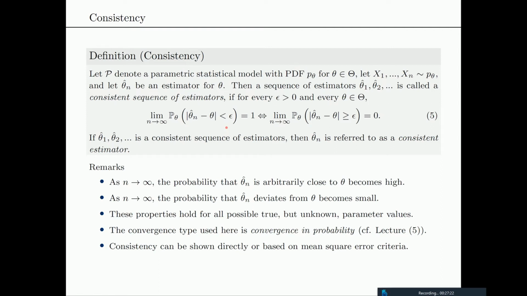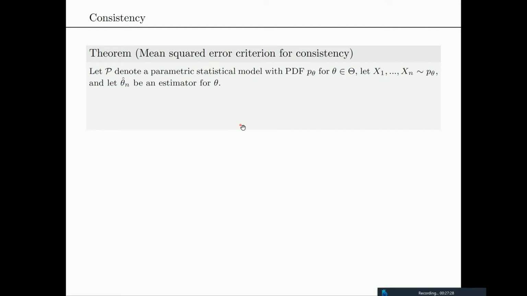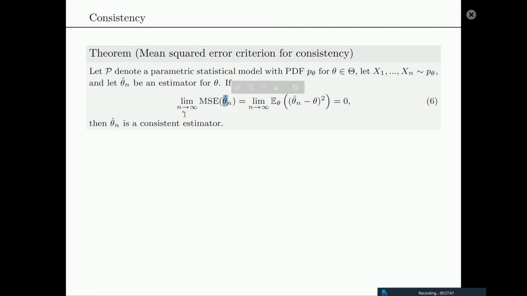Another way you can show consistency is using the mean squared error criterion, as we defined it last time. This criterion works as follows. If the mean squared error of your estimator for n going to infinity is 0, then your theta hat n is a consistent estimator.